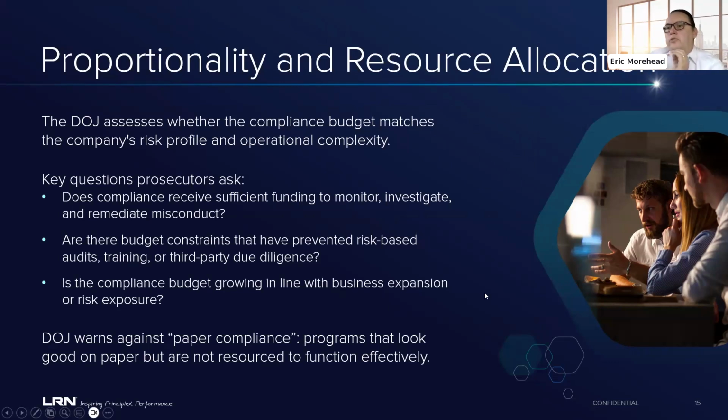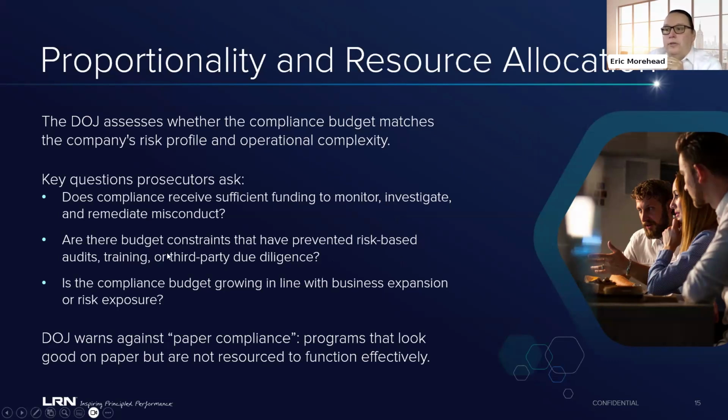So some key questions that the department asked prosecutors to ask: is there sufficient funding to monitor, investigate, and remediate misconduct? Are there budget constraints that have put a hold or a stop on identified areas where a control or a tool or a process needed to be implemented and it was not?